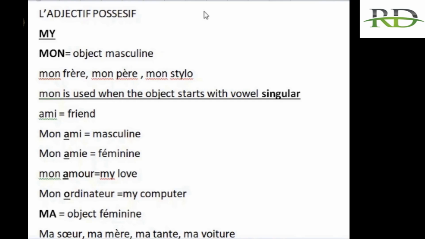Mon père, my father. And then mon stylo, my pen. So pen is also masculine in French. For all the things that are masculine, you're going to use mon if you want to say my.